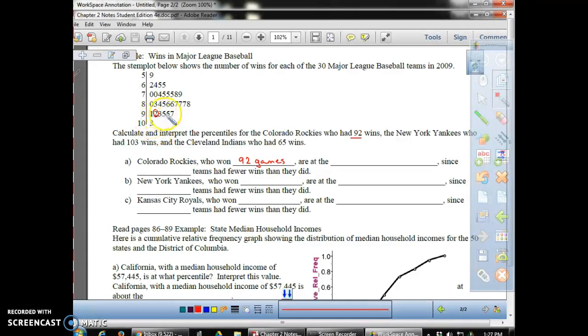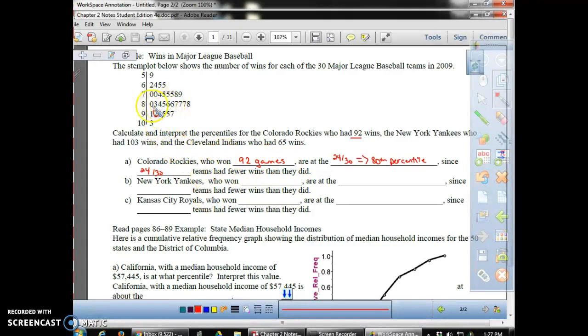So 1, 2, 3, 4, 5, 6. That means that we had 24 out of 30 that were below their number of games won. That's going to give us 0.8, which we want to convert to the 80th percentile. So this is how you write it. And that is since 24 out of the 30 teams had fewer wins than they did.